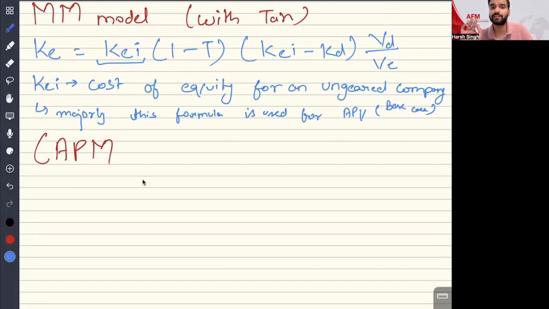The returns that investors want for that unavoidable risk is called mean variance efficiency, and this concept of mean variance efficiency is used to find out the CAPM.